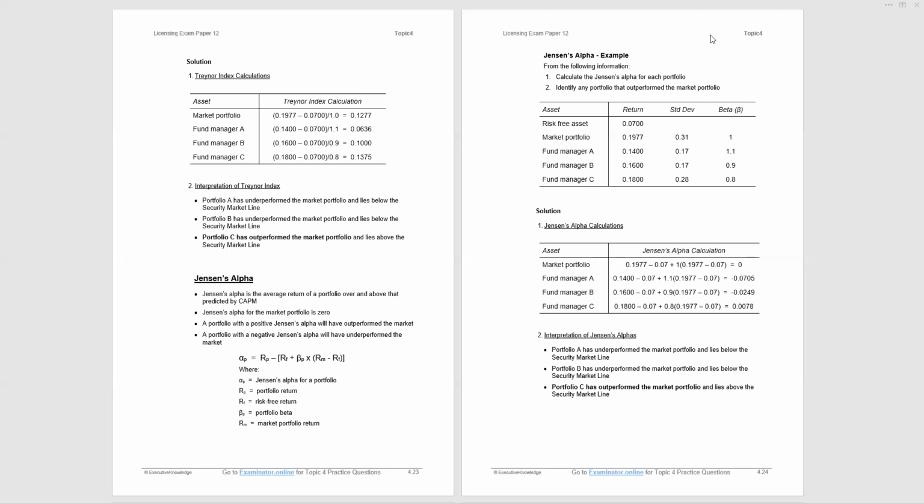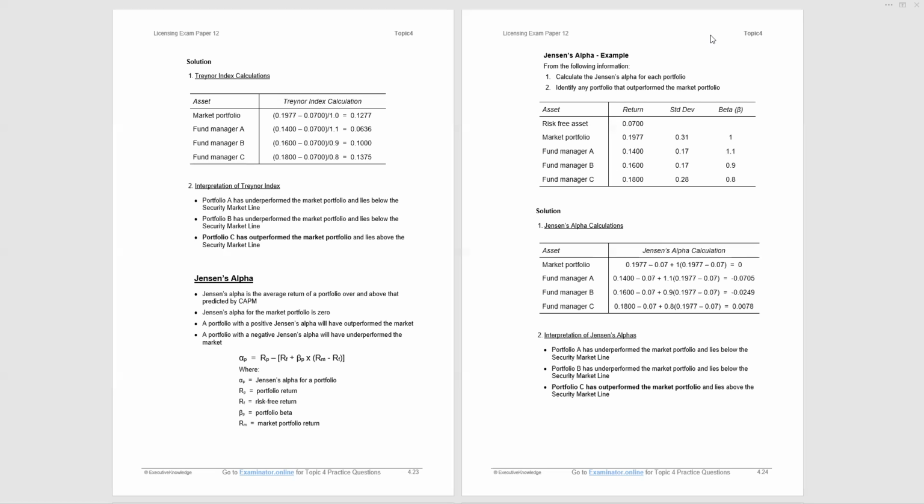That's the important point. So we drop the Jensen's. People talk about alpha, searching for alpha. And what we're talking about is our portfolios that have outperformed the market portfolio. Now, a portfolio with a negative Jensen's alpha will have underperformed the market.